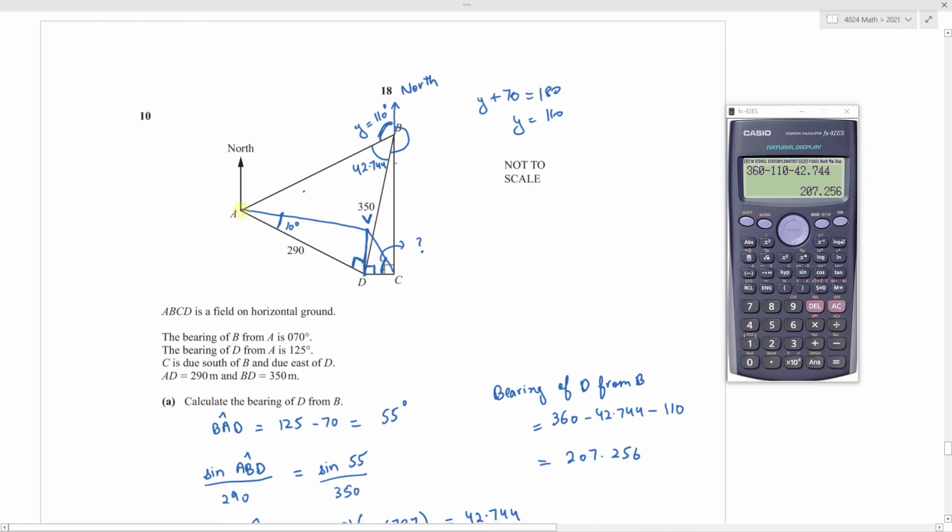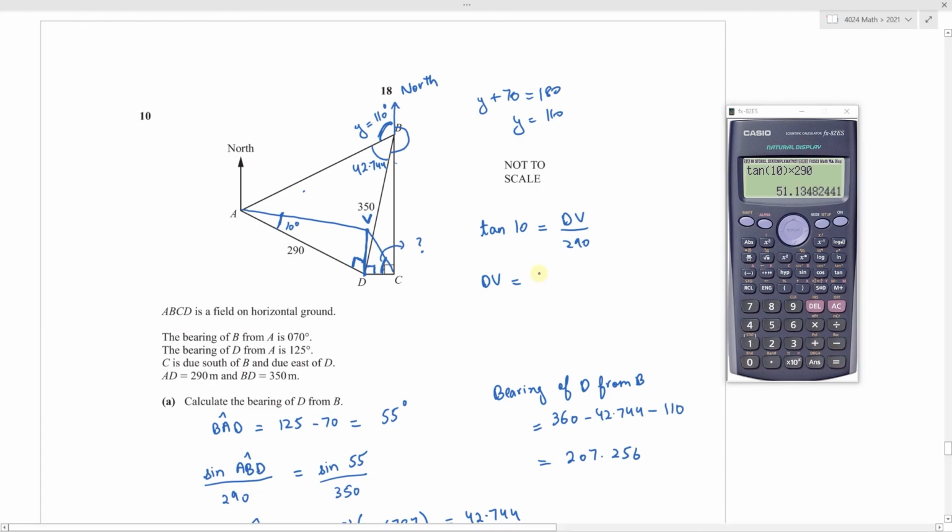I know this angle, I know this side, so I can easily find this length DV here, right? So DV, sine of 10, in fact tan of 10, because this is the perpendicular, this is the base. So tan of 10 will be DV perpendicular over 290. So this will give you DV equals tan of 10 multiplied by 290.